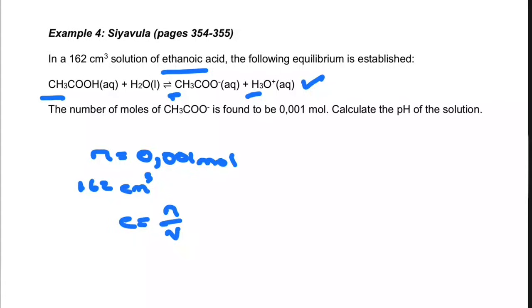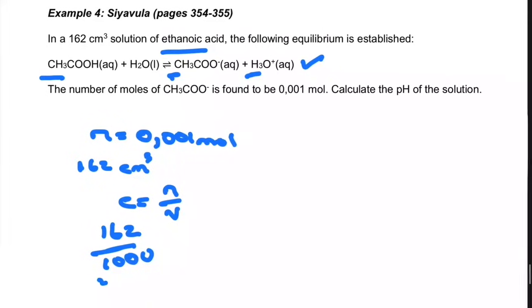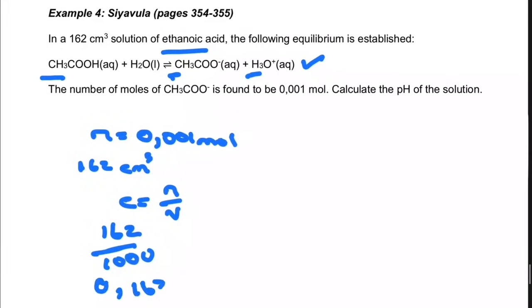To convert centimeter cubed into decimeter cubed, we divide 162 by 1000, which gives us 0.162.